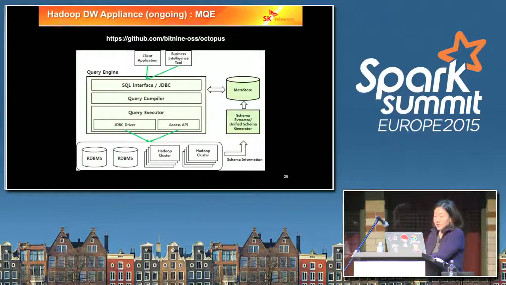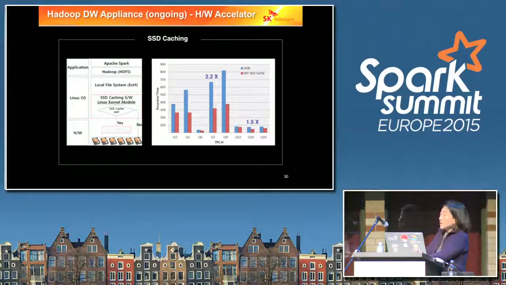The goal is to make users feel like they are using a single database system, which actually consists of several database systems. If you have any ideas about this project, please join us. Additionally, I want to elaborate a bit about the hardware acceleration of the SSD that I explained before.